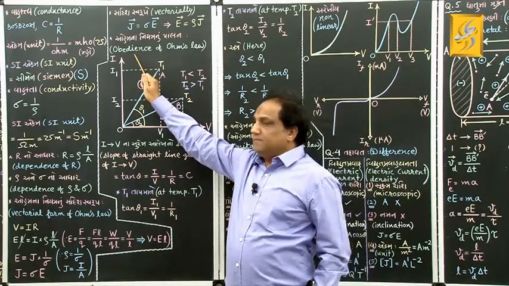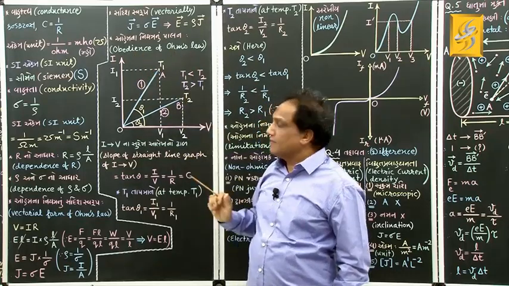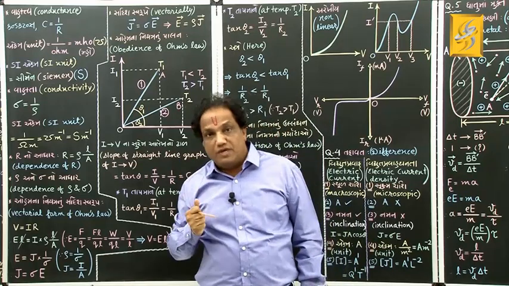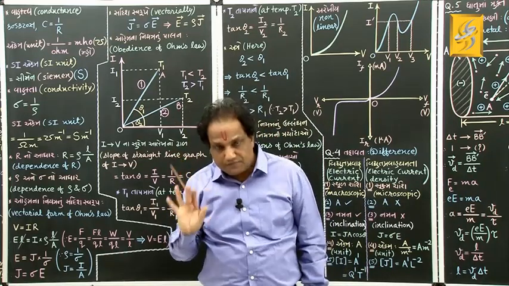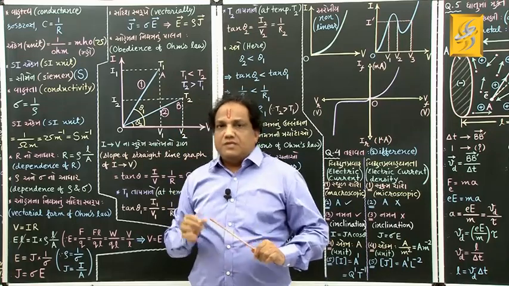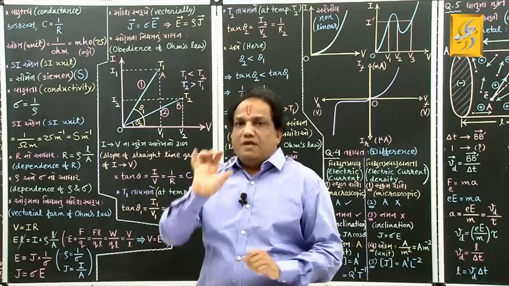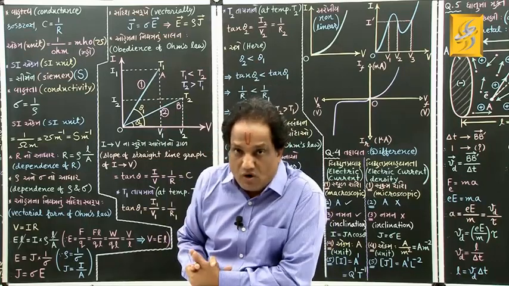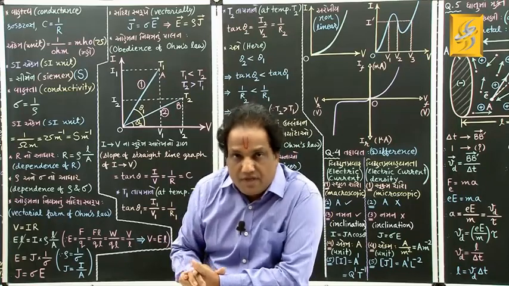Let us go for obedience of Ohm's law. When is Ohm's law found to be obeyed? When does it hold good? I am showing you. From the electrical conduction point of view, if you categorize all the elements, then we have three categories.